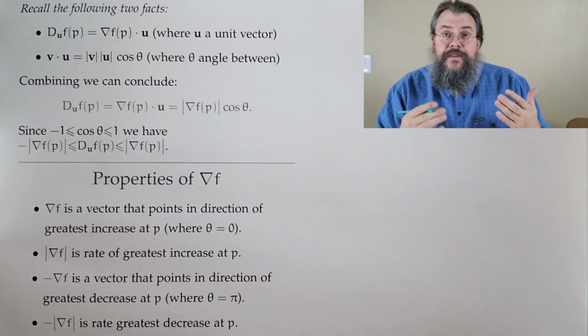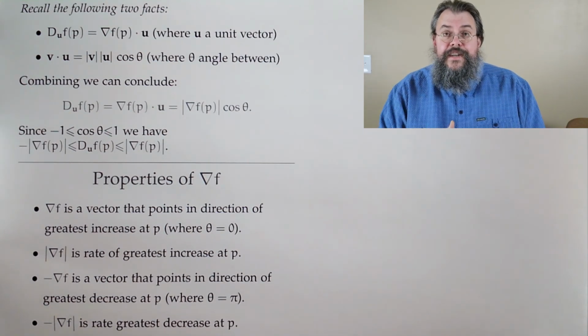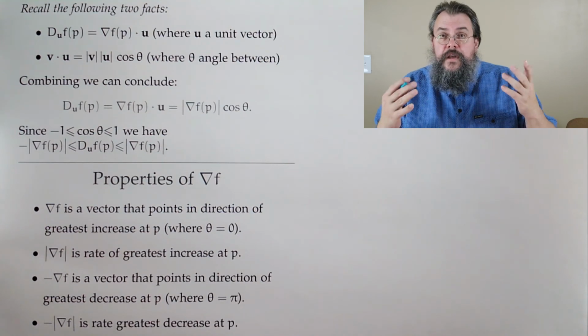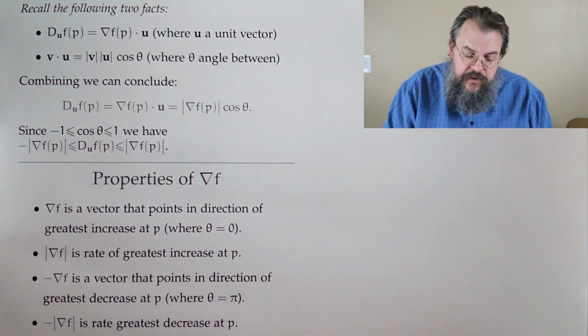Now, what is the amount of greatest increase? The answer is the magnitude of the gradient. And so if I want to know the direction of the greatest increase or the magnitude of the greatest increase, then that's all about questions about the gradient.